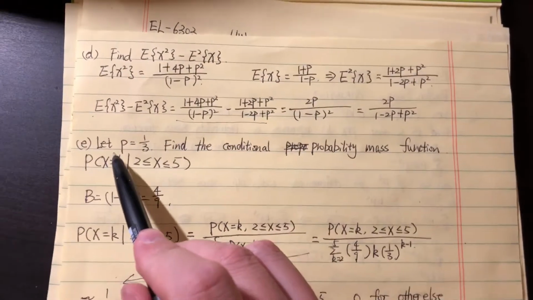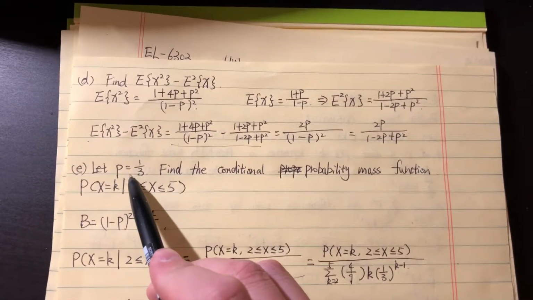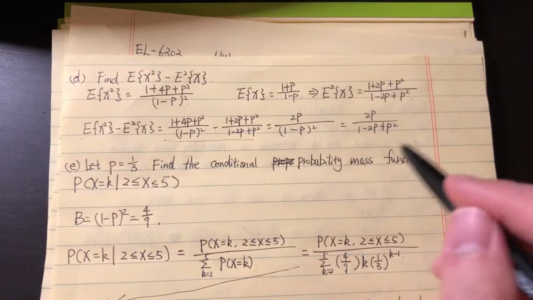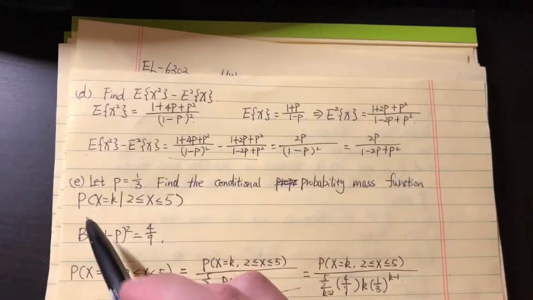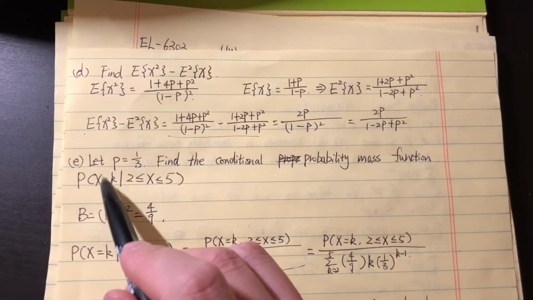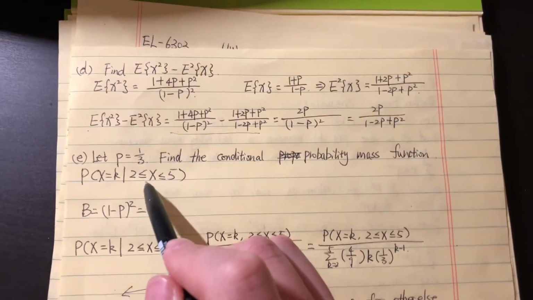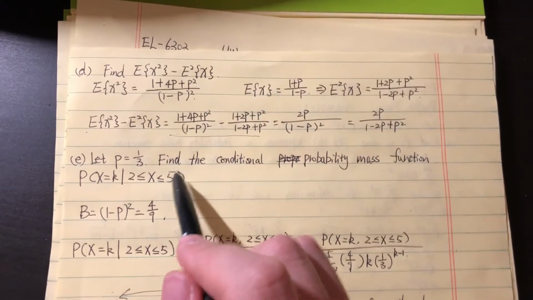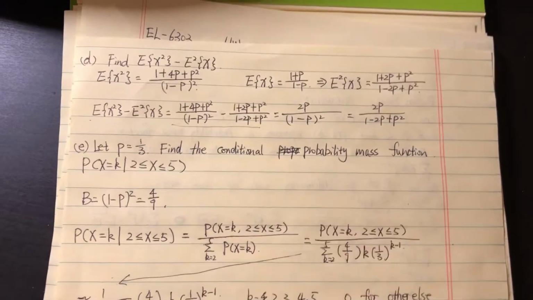For subproblem E, let the probability p be equal to 1/3, and find the conditional probability mass function, the probability of x equals k given x larger or equal to 2 and smaller or equal to 5.